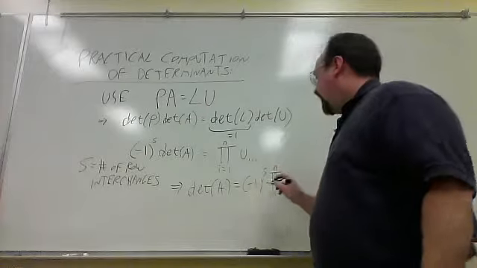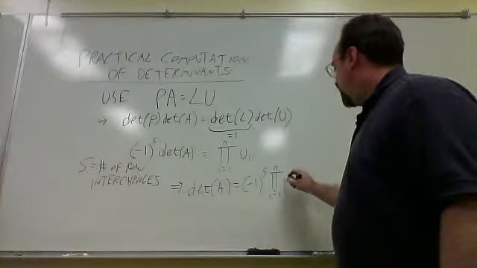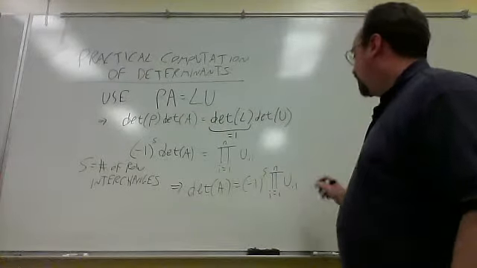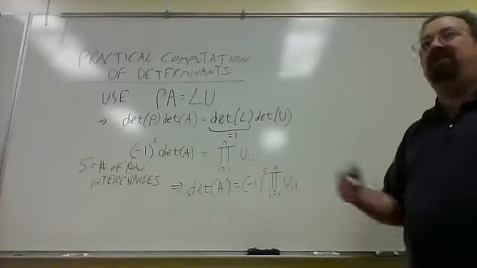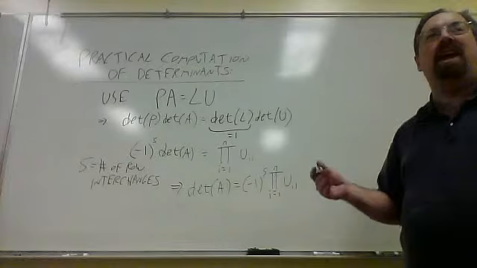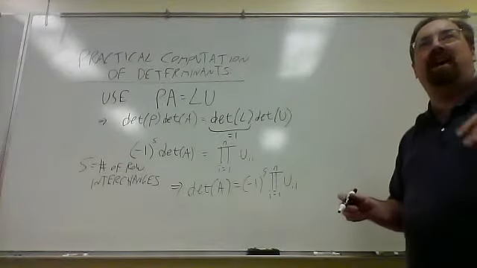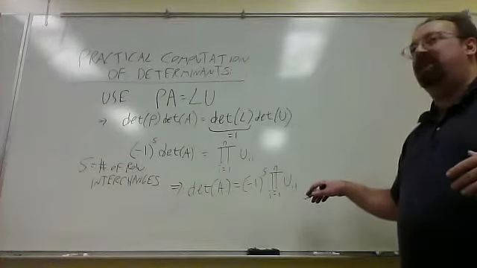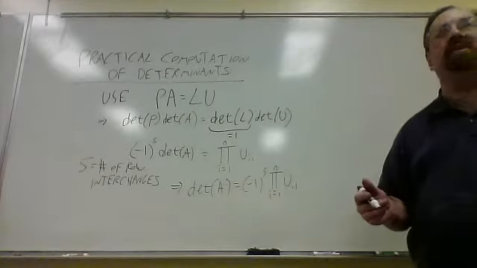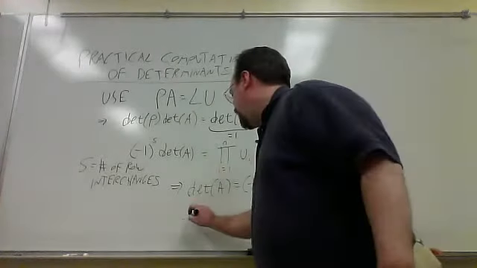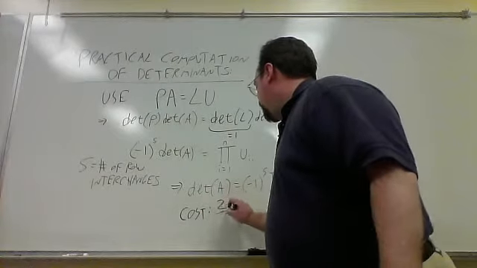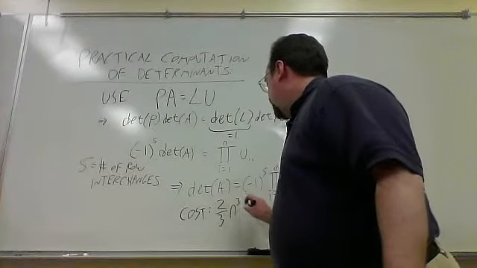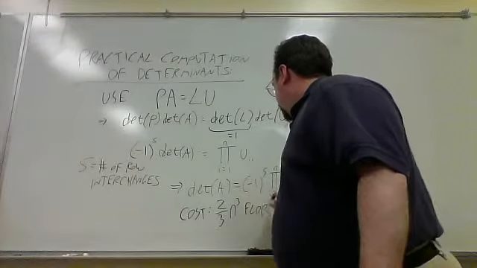So it's just minus 1 to the S, to record the number of sign changes, times the product of all the diagonal entries of U. So in this formula, you're just performing order n operations, but you have to take into account that you only have this information because of Gaussian elimination. So the cost really is the cost of Gaussian elimination, roughly 2/3 n cubed.